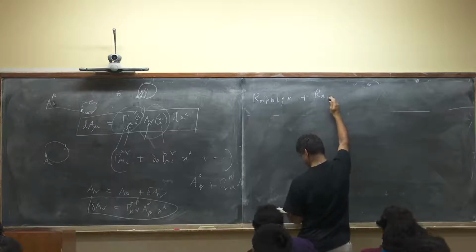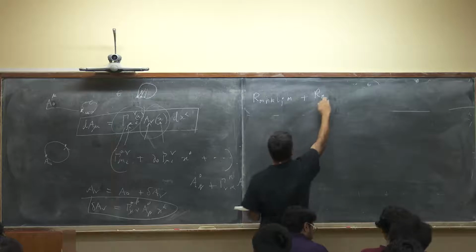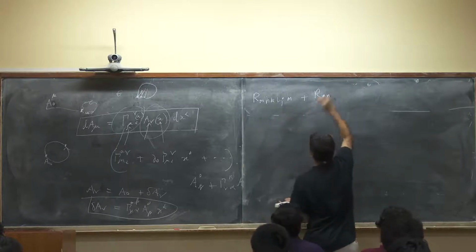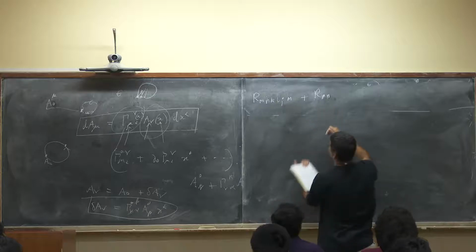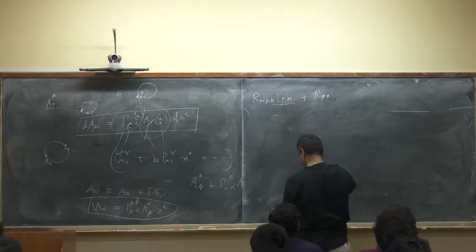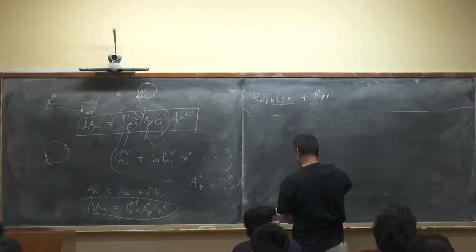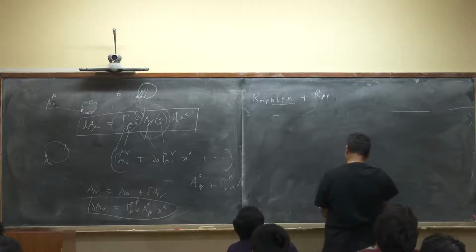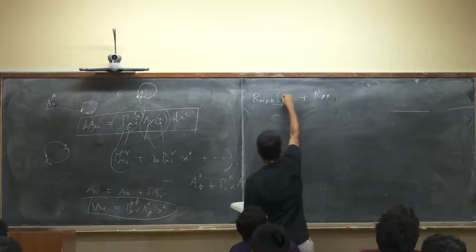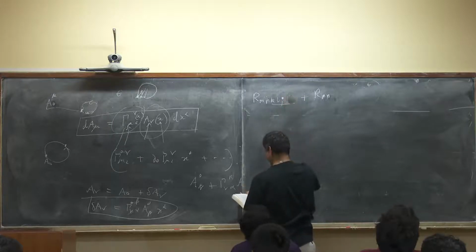I'm just typing. This was K L M. This is both downstairs. It's a covariant derivative with respect to the M index. Oh, sorry. Thank you.